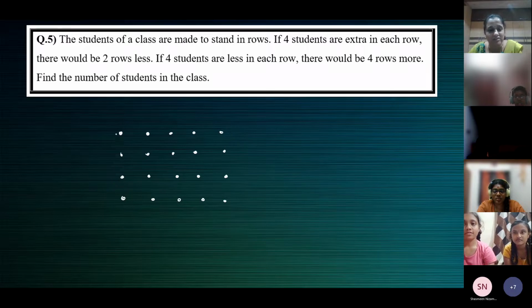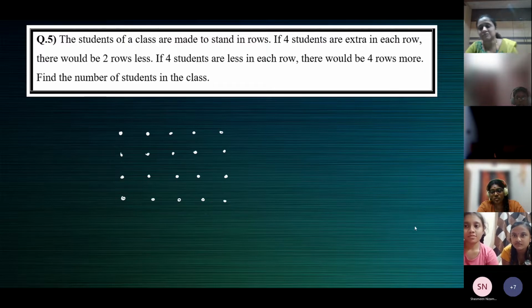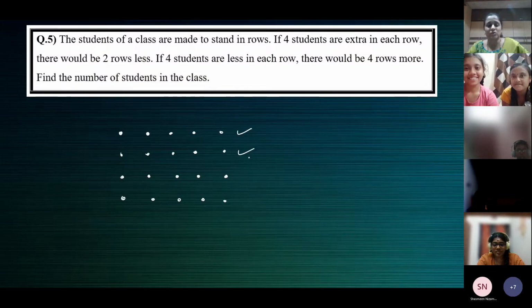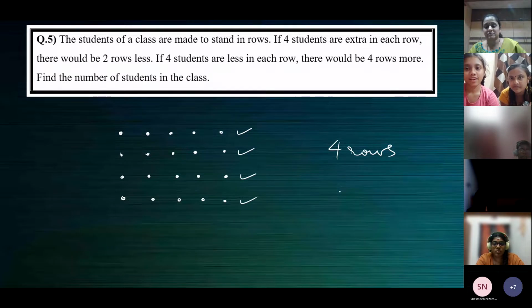If I say that this is the first row, this is the second row, this is the third row, this is the fourth row, is my presentation incorrect? It's correct, ma'am. So I wanted the answer 4 rows. And how many columns are there? 5 columns.